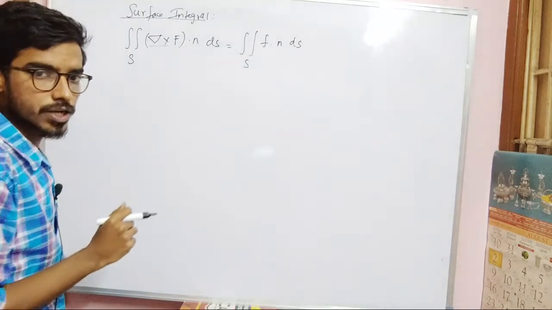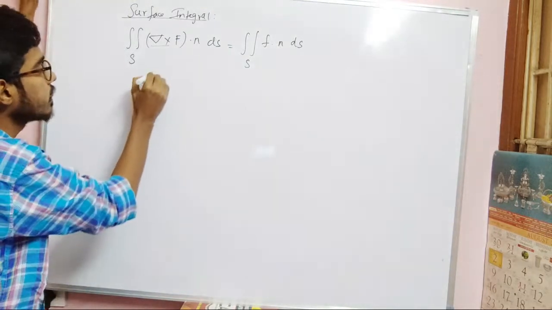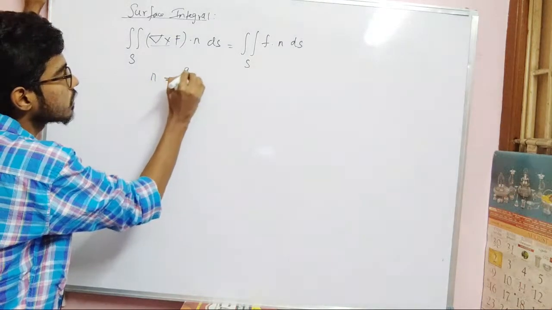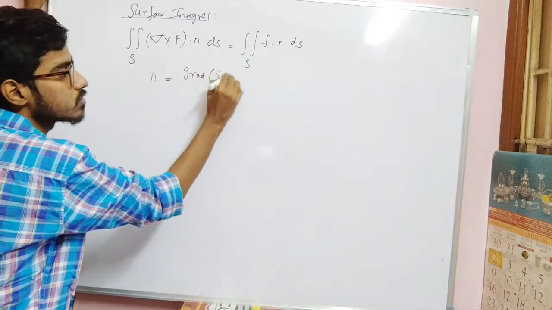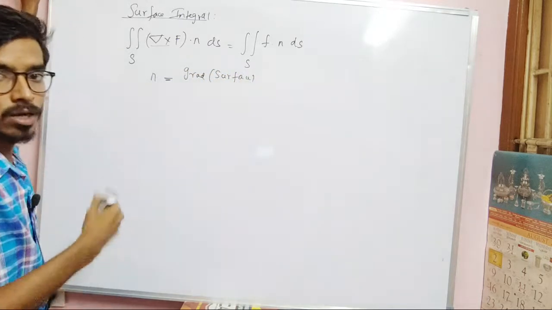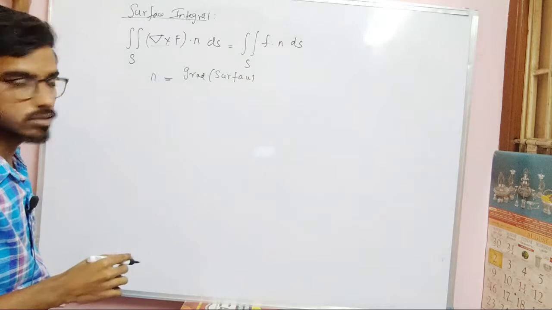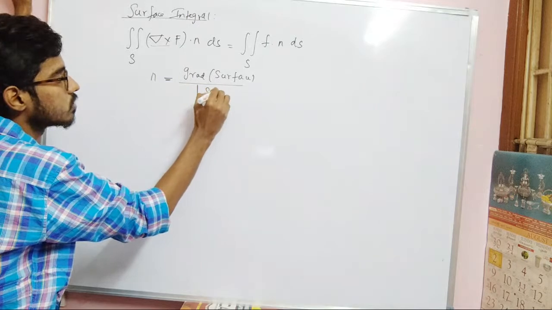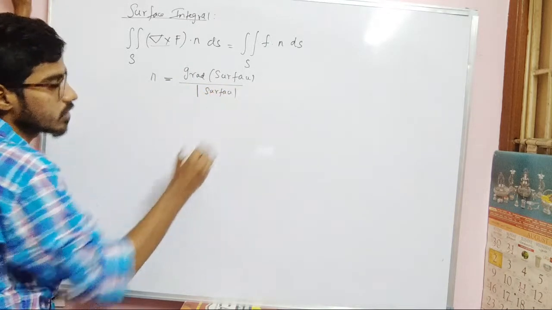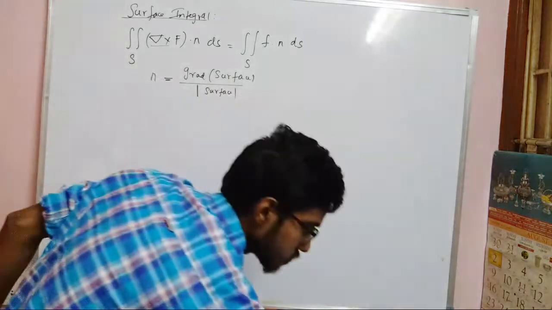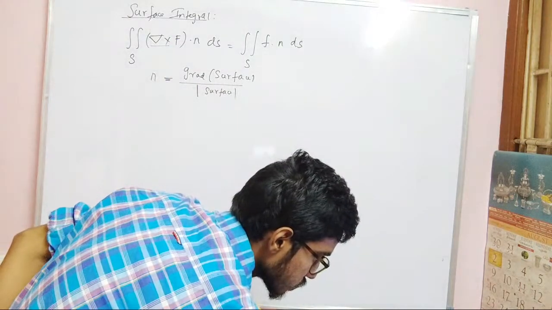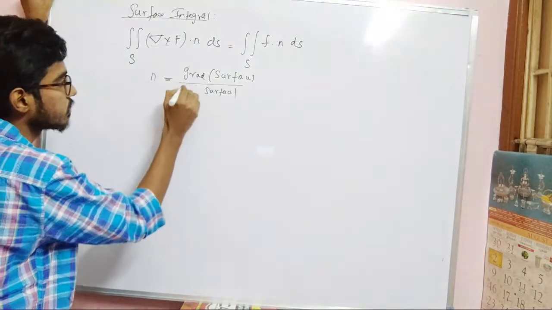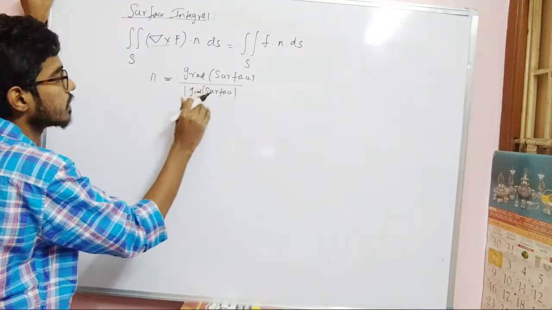First we need to understand what n means. n is equal to the gradient of the surface divided by the modulus of the gradient of the surface. They will give some surface like a cylinder or a sphere. You need to find the gradient of that surface and divide by its modulus.